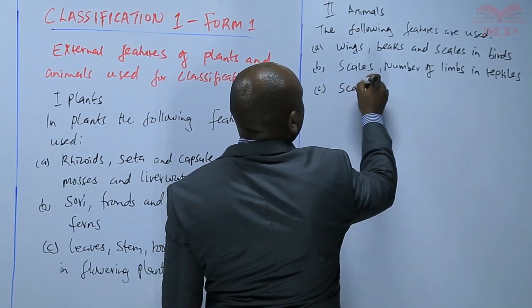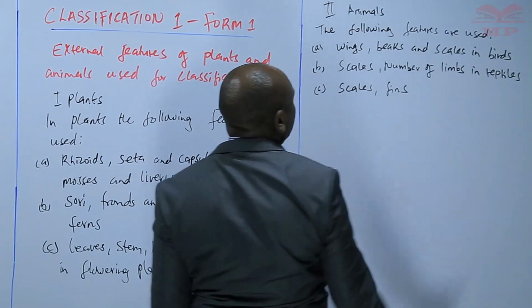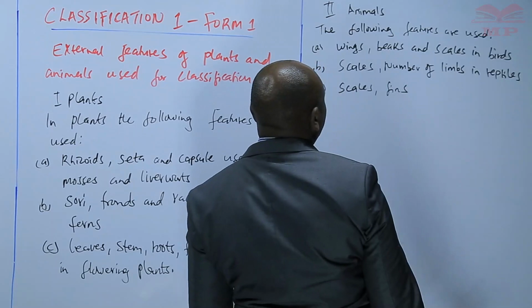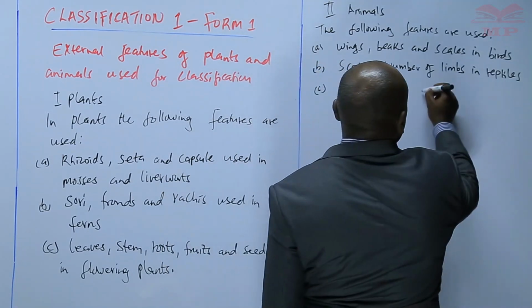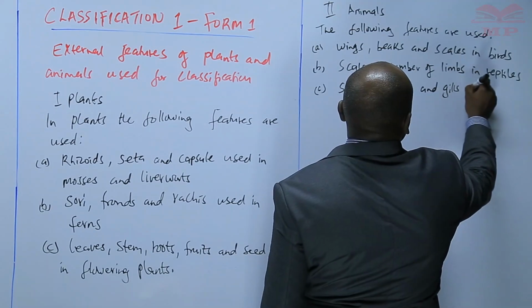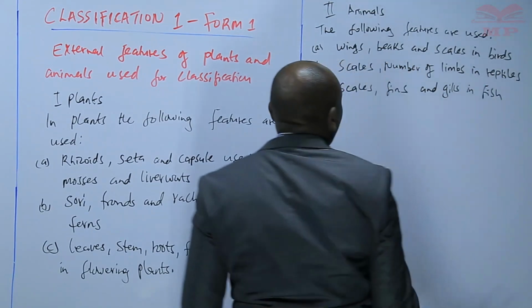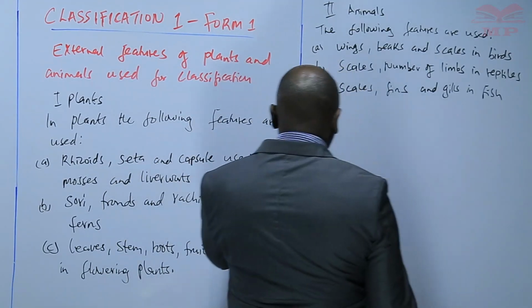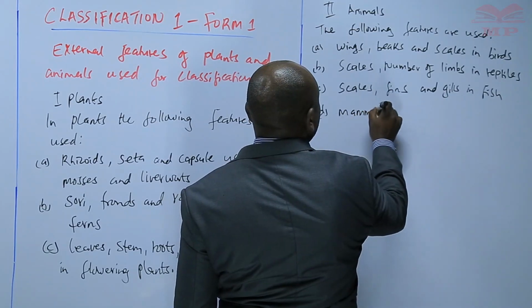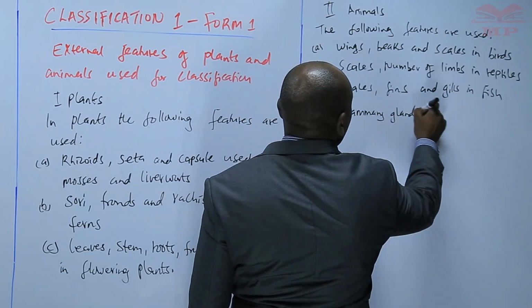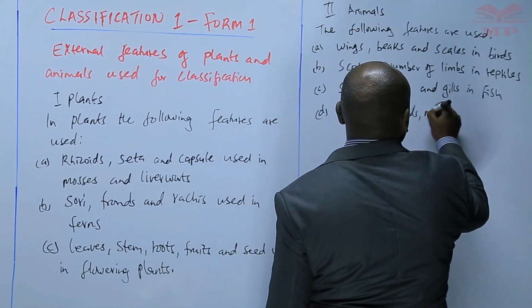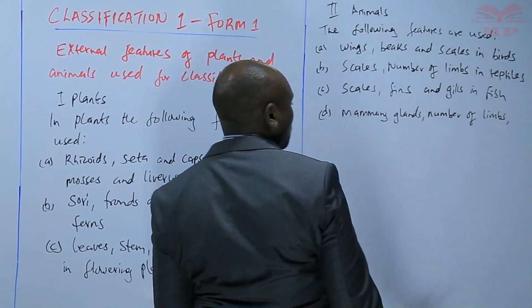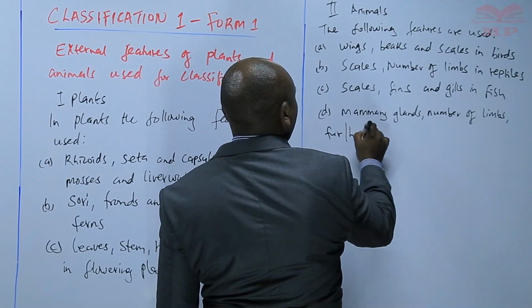We use the scales, the fins, and gills in fish. In mammals, we use the mammary glands. We use the number of limbs. We use the fur or hair.